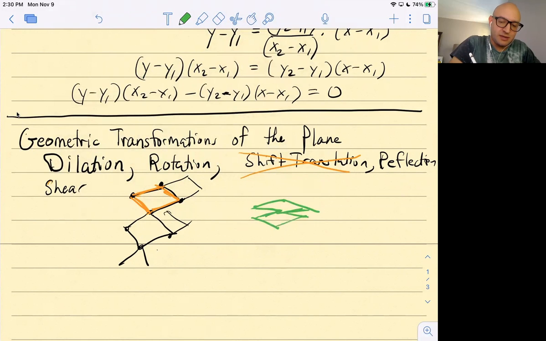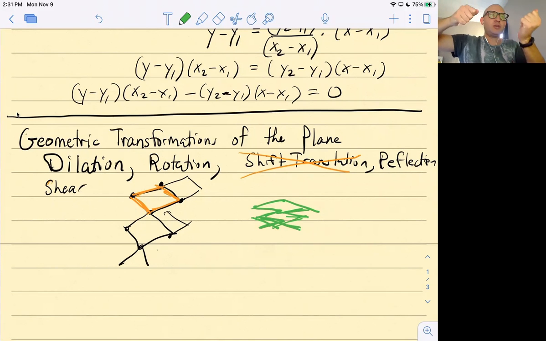It'll fold flat, or you can even think of it a little bit like an accordion. So that's the idea of shear: you have a rectangle, and you can transform it by sliding the top and pushing it to make it into a parallelogram. And you can combine that with a dilation in one direction as well. So it's basically turning squares into parallelograms. It's not a rigid transformation, but that's something else you can do.